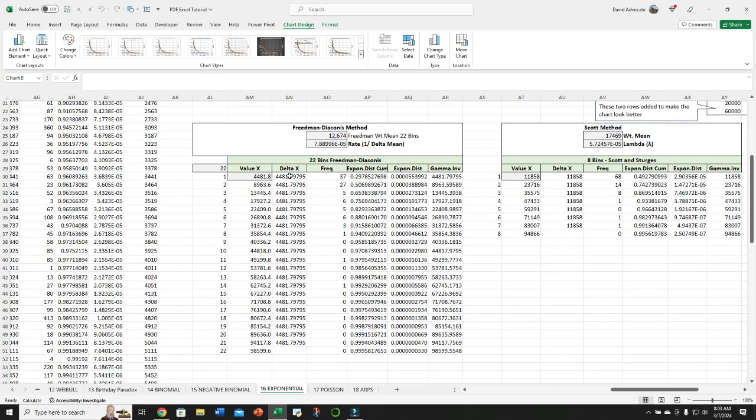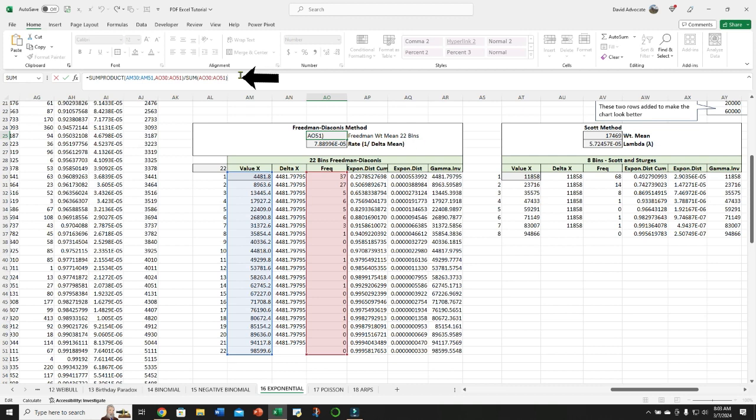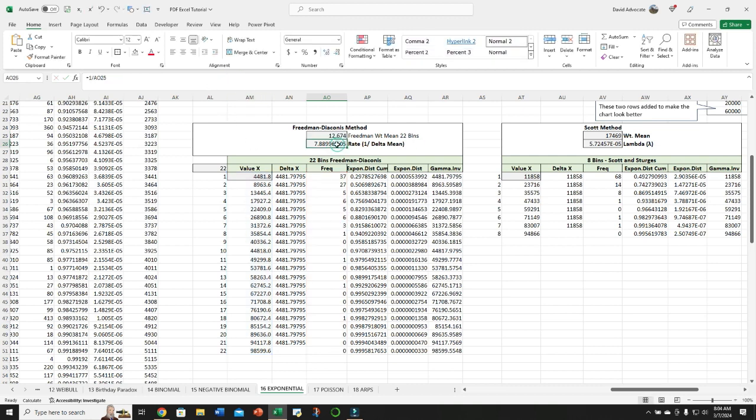Here are the x values, calculated the delta x and the frequencies, and I've calculated the weighted mean and the rate constant. Let's take a look at this weighted mean. Here I've used this technique where I used the sum product and divided it by the sum of the frequency. And 1 over the weighted mean will give me the rate constant, or lambda.